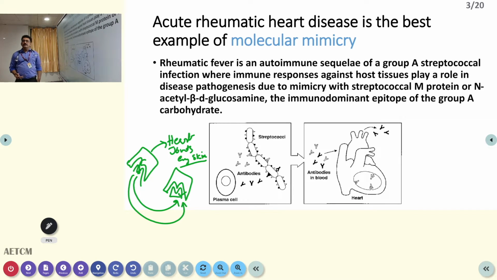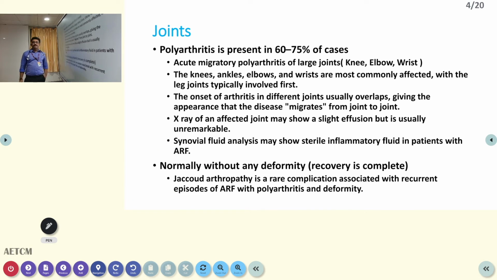These antibodies think that our heart cell, which is similar to this bacteria's properties, can also become a target, and they try to destroy the heart cells or our joints, brain, like that. So this is an example of molecular mimicry.